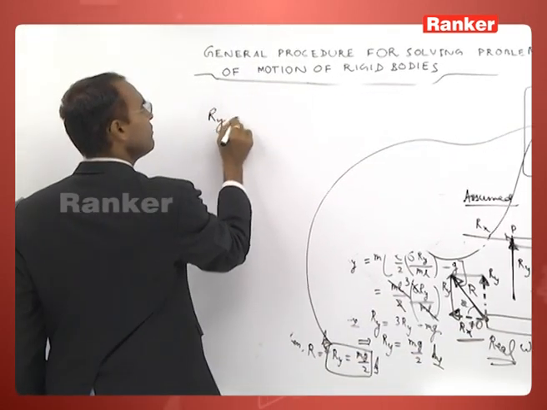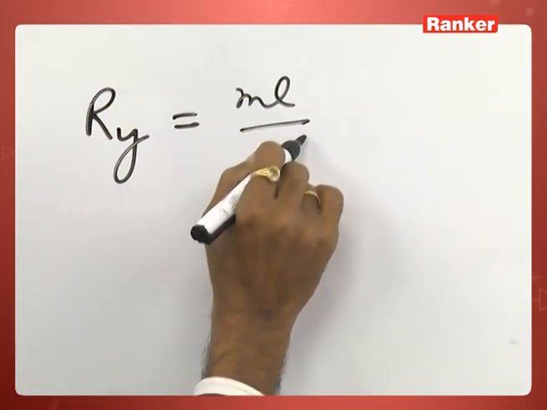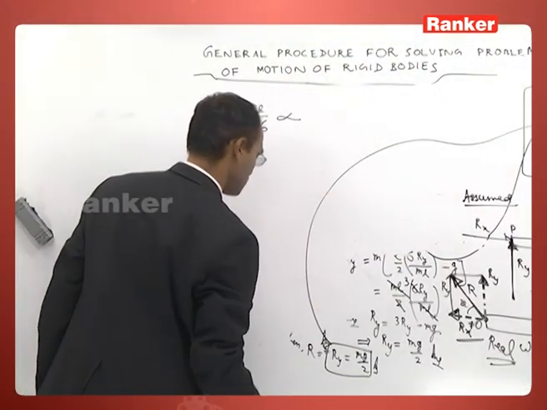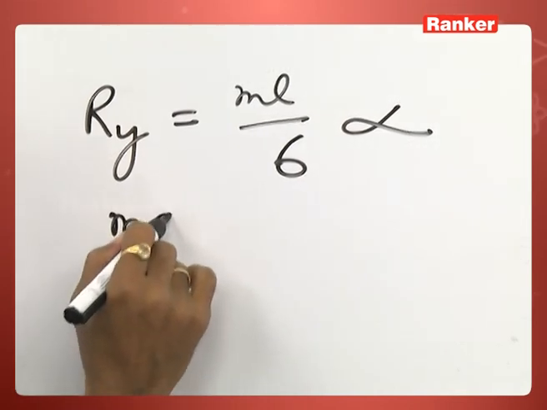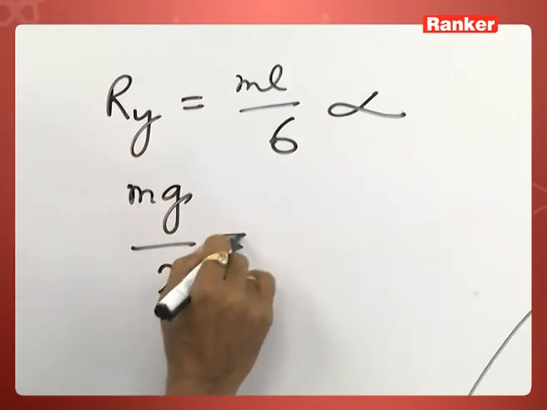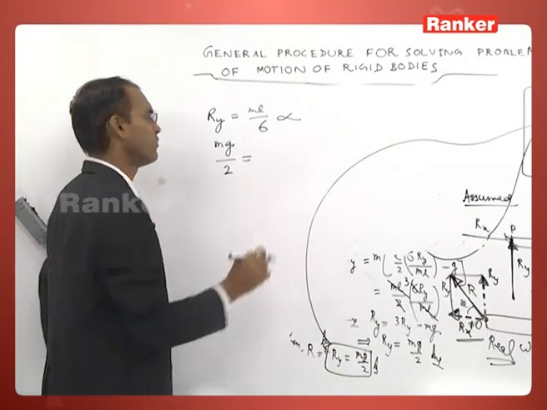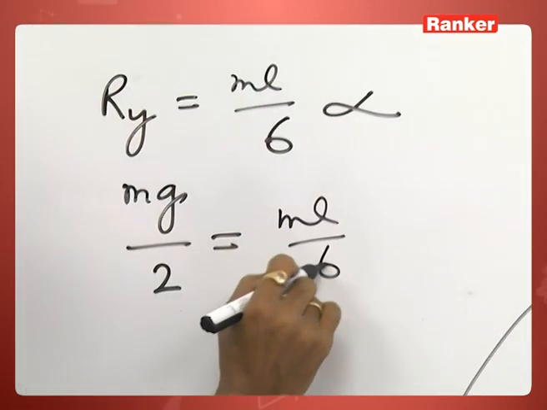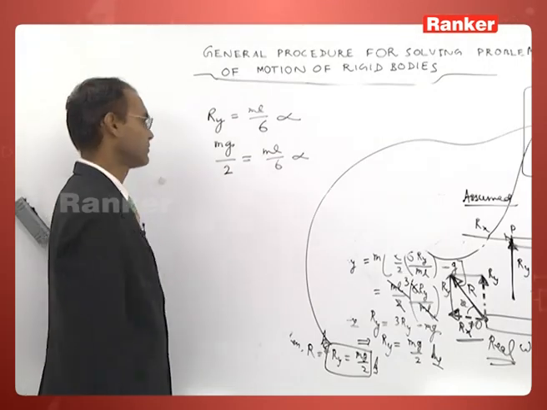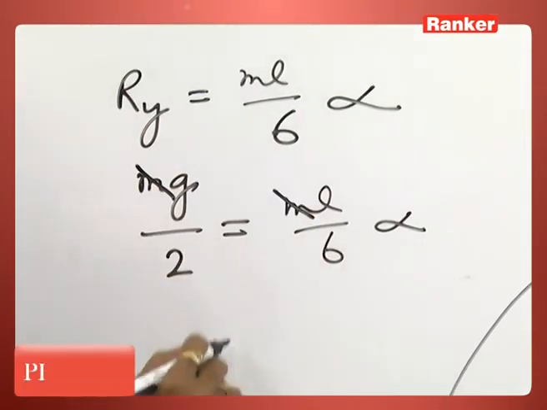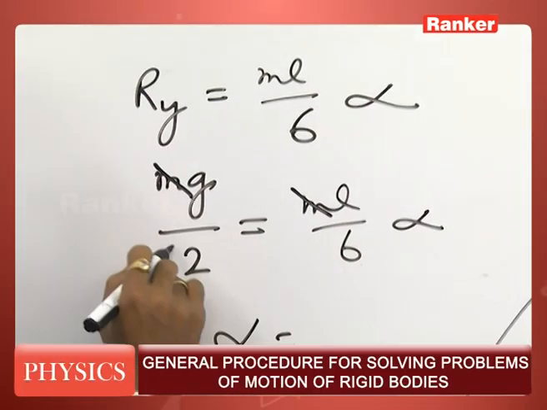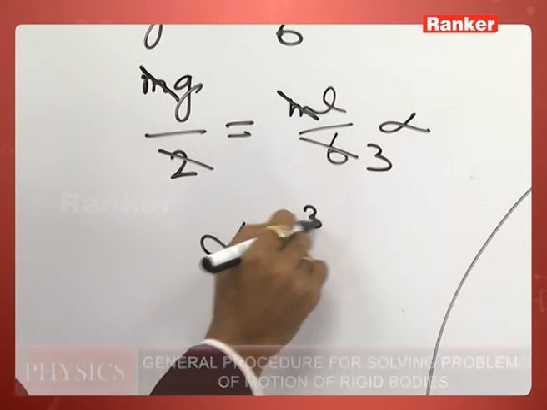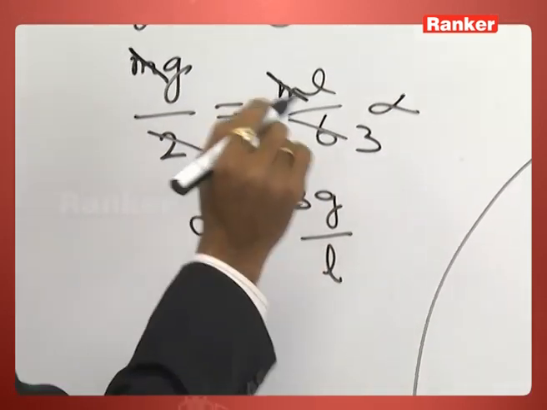Ry is equal to ml by 6 into alpha. With Ry equal to mg by 2, we have mg by 2 equal to ml by 6 into alpha. m will get cancelled. So alpha will be equal to 3g by L.